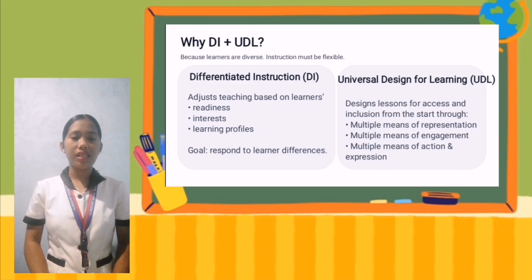And in Universal Design for Learning, or UDL, there are three types. We have multiple means of representation. Second is multiple means of engagement. And the last one is multiple means of action and expression.